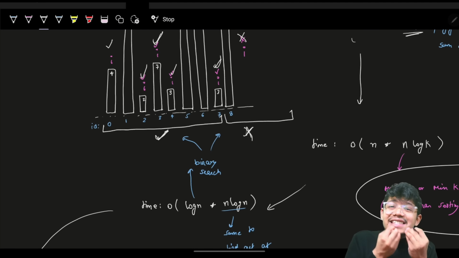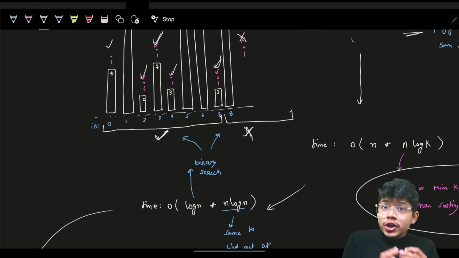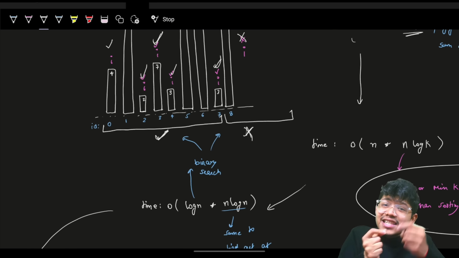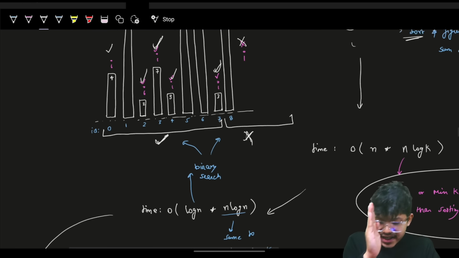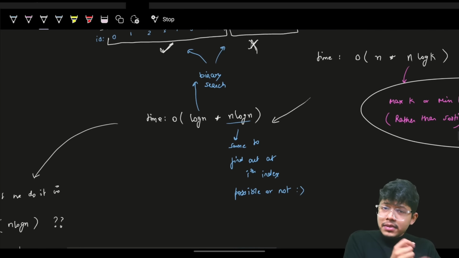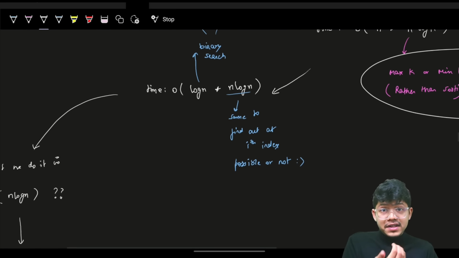This is the exact pattern of binary search. So rather than linearly going over all the indexes, I can just do a binary search on the index itself and figure out the exact same greedy behavior to see if it is working or not.